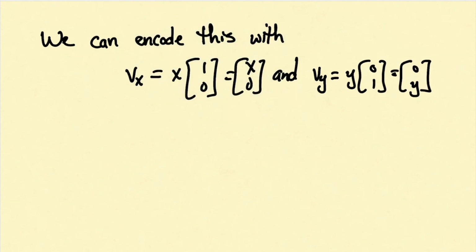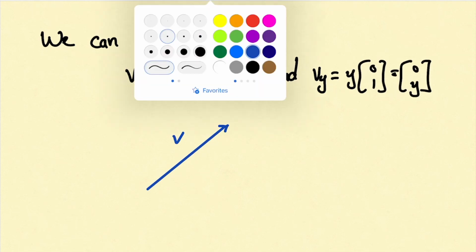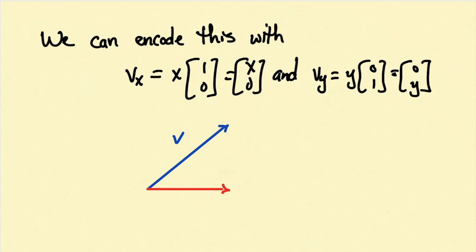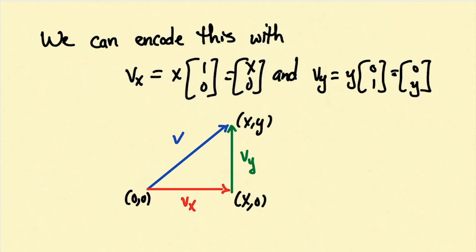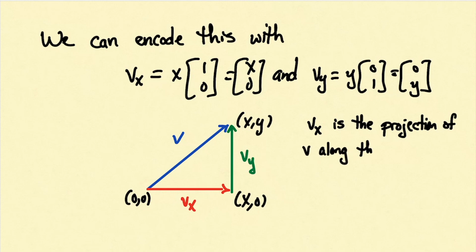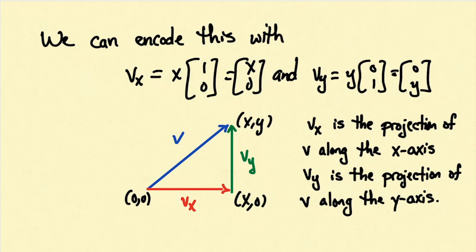So Vx represents the motion in the x direction, and Vy represents the motion in the y direction. If we started from the origin, then we can envision our movement as something like the following picture. In R2, we could reasonably call the vectors Vx and Vy the projections of V along x and along y.